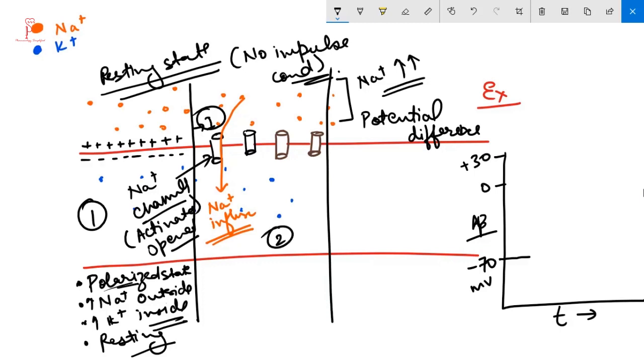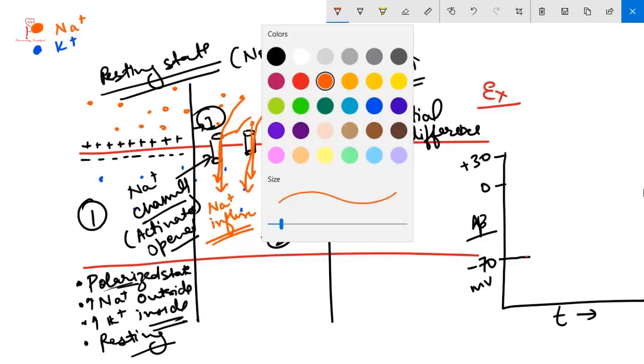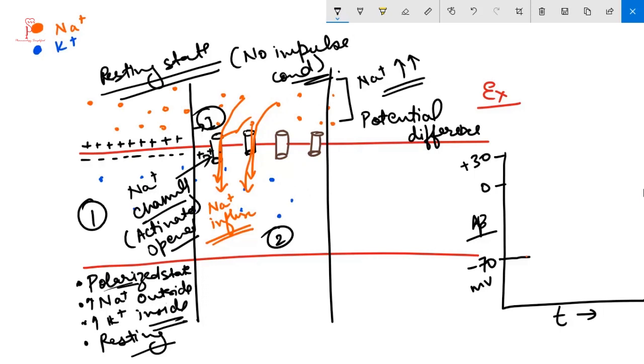When I talk about stage 2, what is happening? There is depolarization, and there is influx of sodium through these sodium channels. Since sodium has positive charge and the influx is so rapid, this reverses the polarity of the membrane.